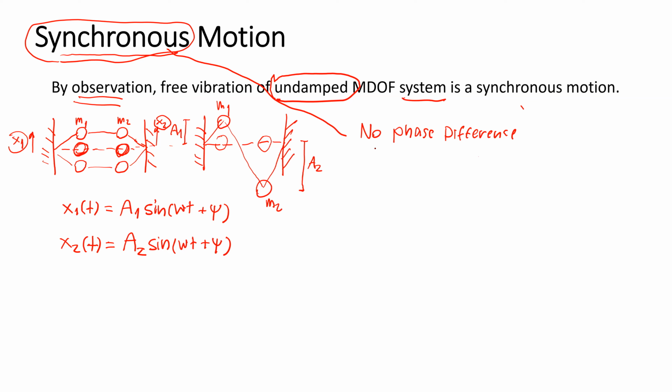As I mentioned, no phase difference means it can be 0 or 180 degrees.